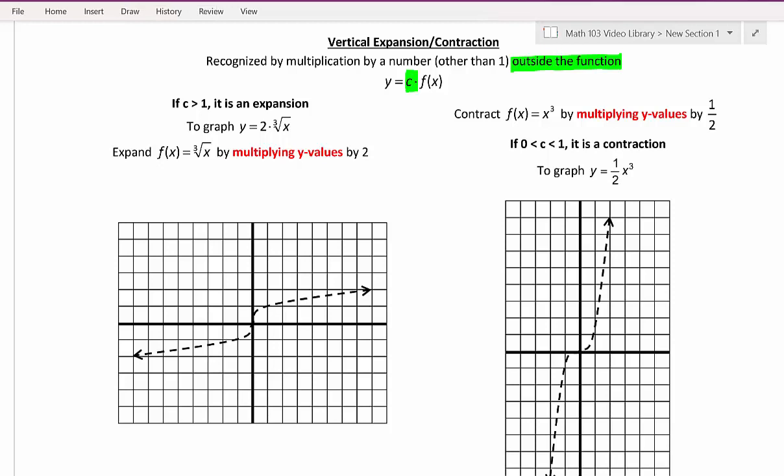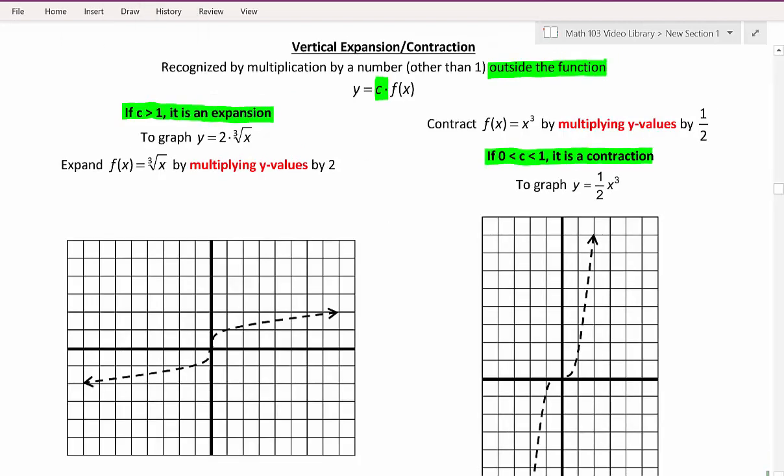This time, if your C value is greater than 1, it is indeed going to be an expansion. And if our C value is a number in between 0 and 1, it's going to be a contraction.